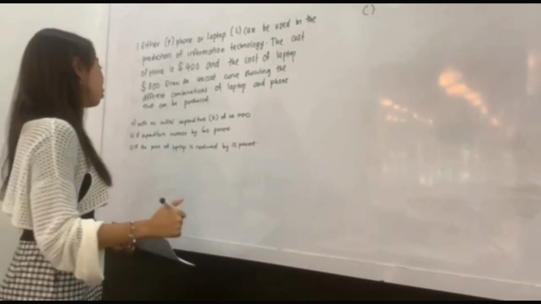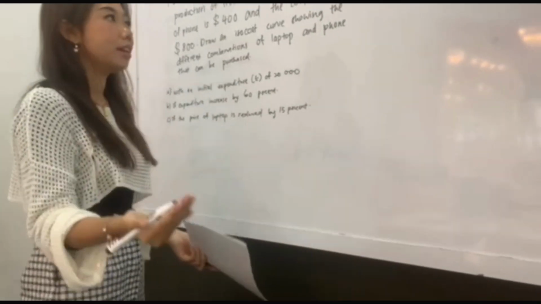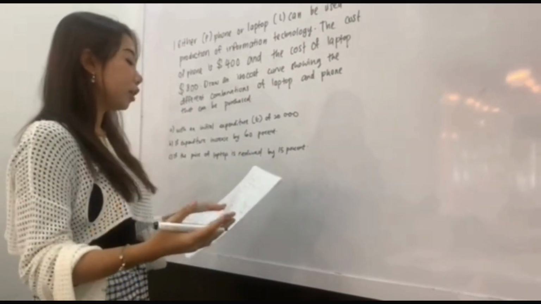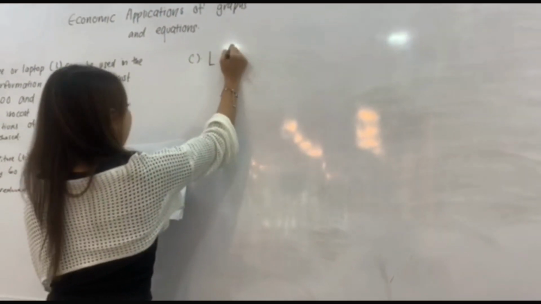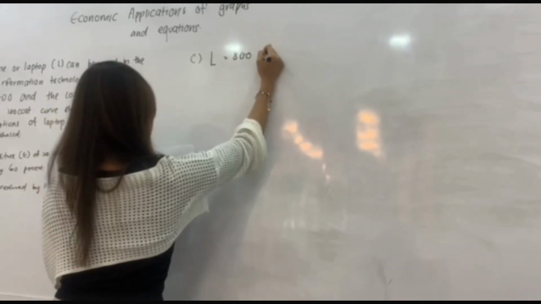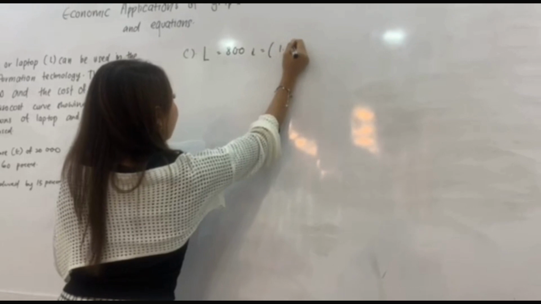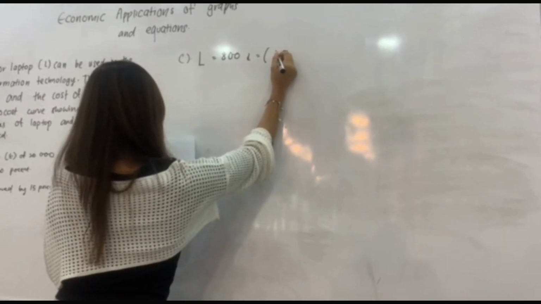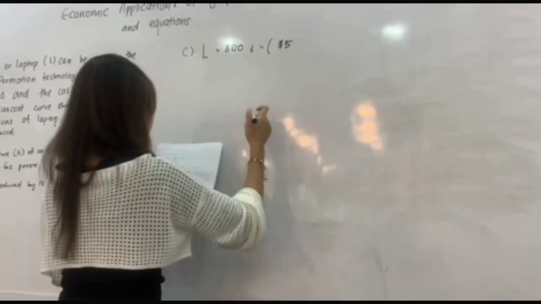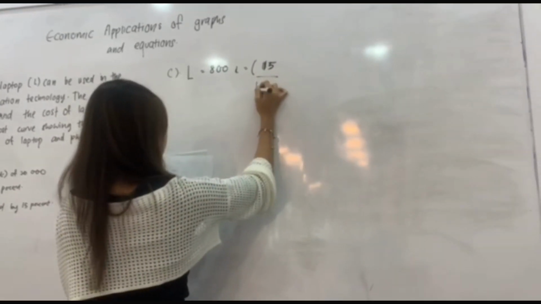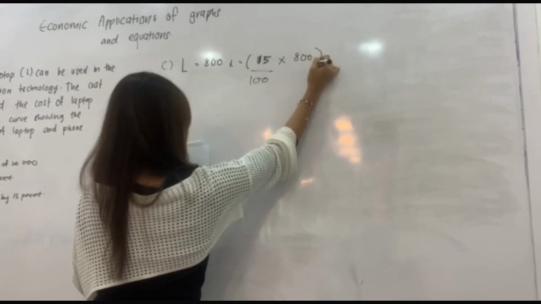So we go to the next question, which is number 3. If the price of laptop is reduced by 50%, how do we get it? First, we need to do the L: 800L equals 15 divided by 100 times 800.